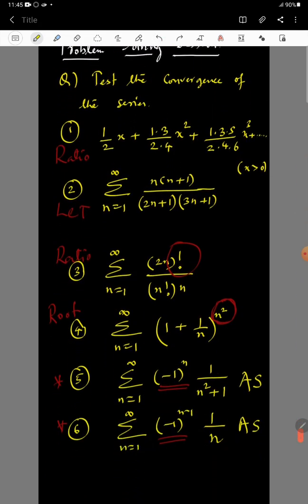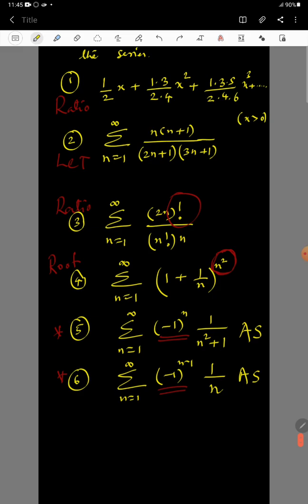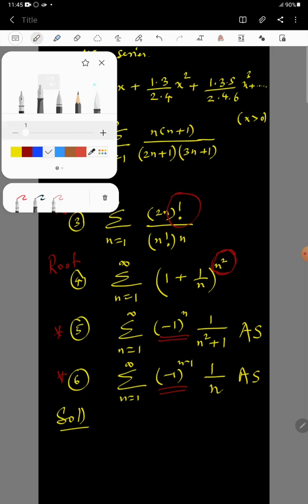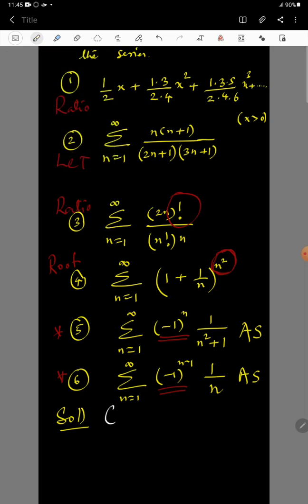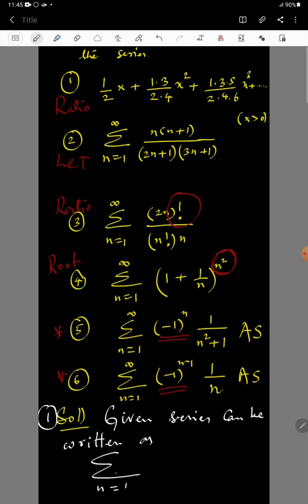So let me solve for the first one. Given series can be written as sigma n is equal to 1 to infinity.